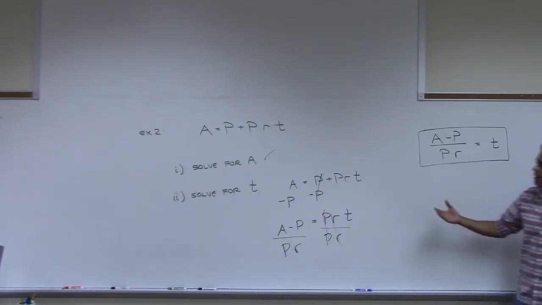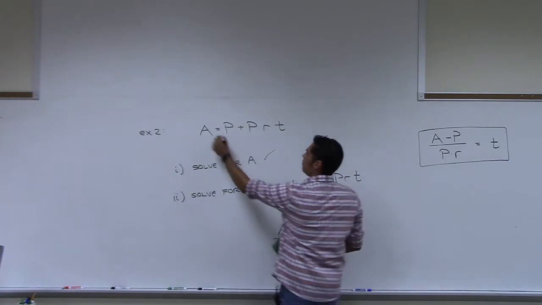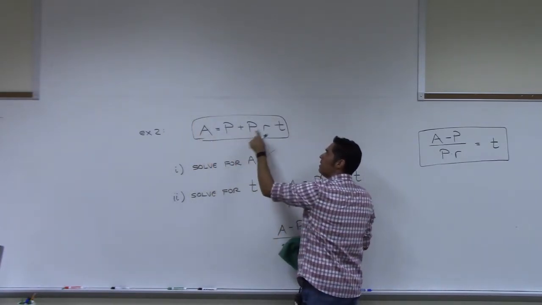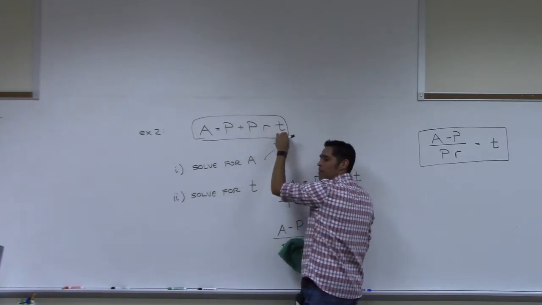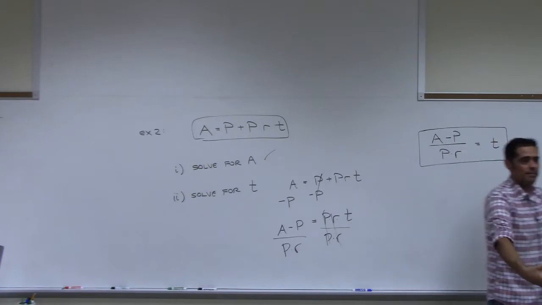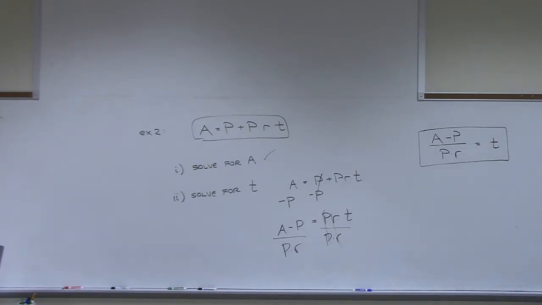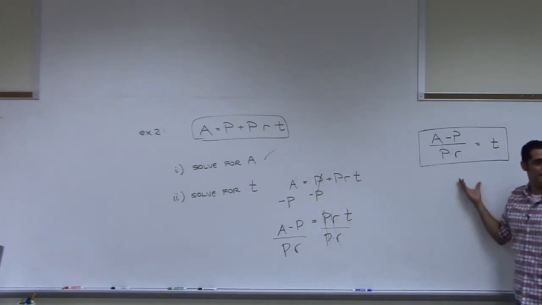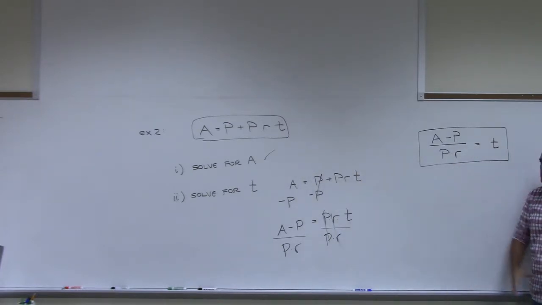Understand? Here, the first one, somebody would need to tell you how much money you're putting in, what the interest rate is, and how much time you're leaving it there, and this would spit out how much you would have after that amount of time. So in certain applications, sometimes you want to know the amount, sometimes you want to know how much time it's going to take. It just depends on the application.